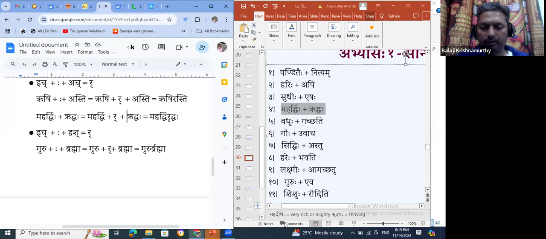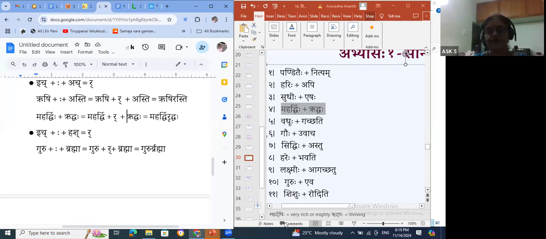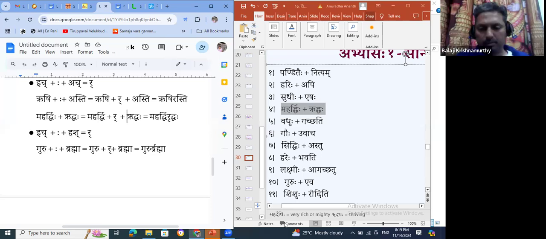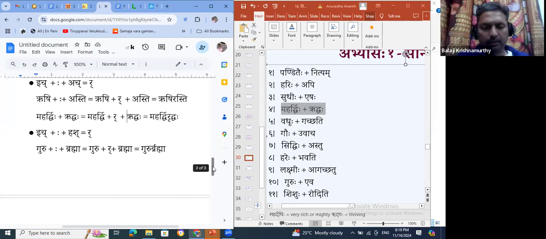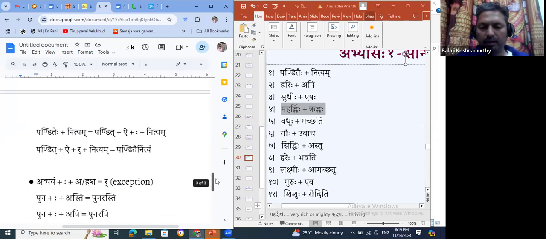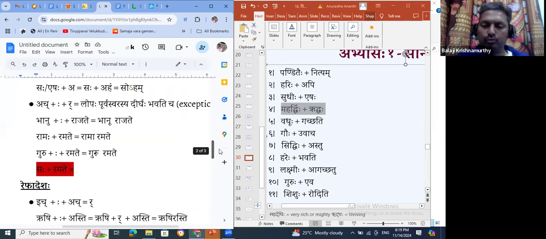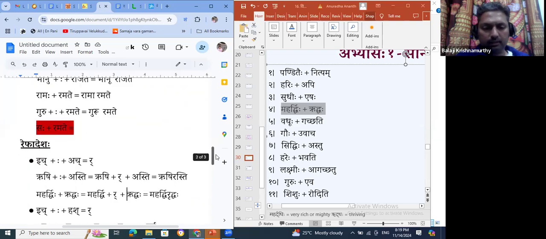Guru reva. गुरुरेव सम्यक् भवानेव अन्तिमं करोतु. Shishuhu roditi. U ich, roditi is starting with ra, so it will be Shishu roditi.